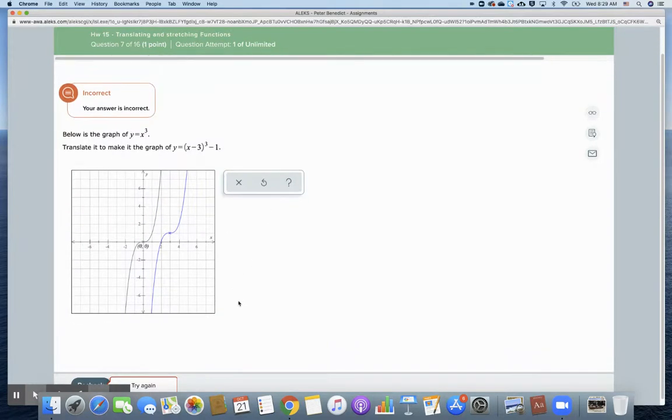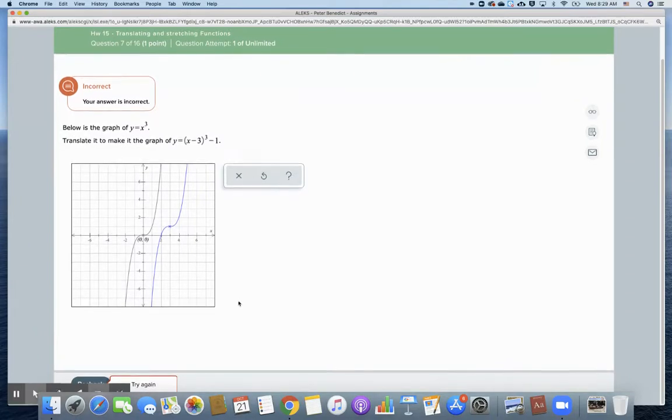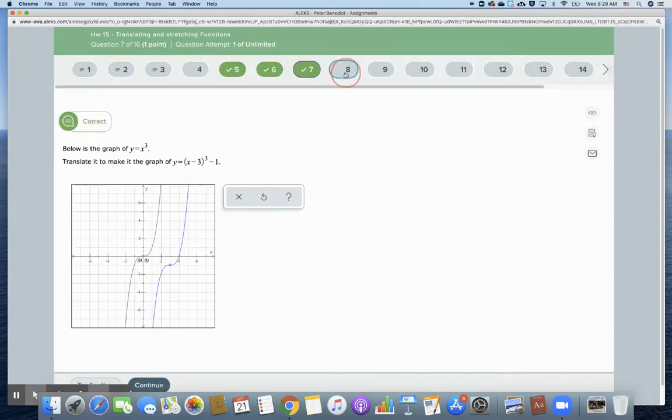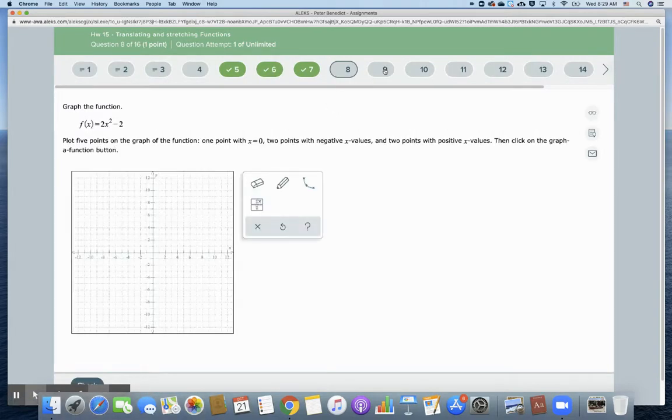Answered incorrect. Oh, down 1. Now recheck. Woo, that was embarrassing. Here we go. I want to see if I can find one of the harder ones. This one's straight out of yesterday, right? My vertex is at 2, 0, negative 2.